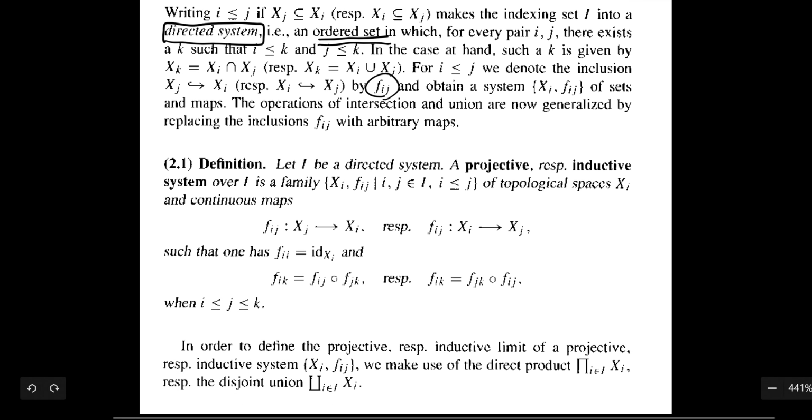Now we have to generalize this inclusion map to arbitrary maps. Let I be a directed system, a projective, respectively an inductive system. For each i, X_i is a family of topological spaces with objects and morphisms which satisfy the condition making the diagram commute.